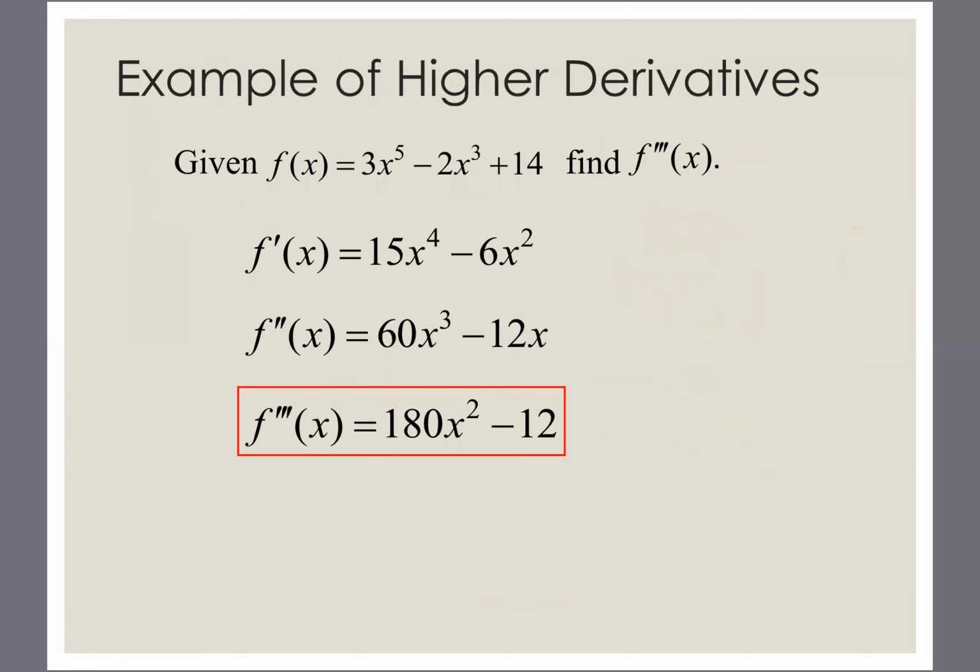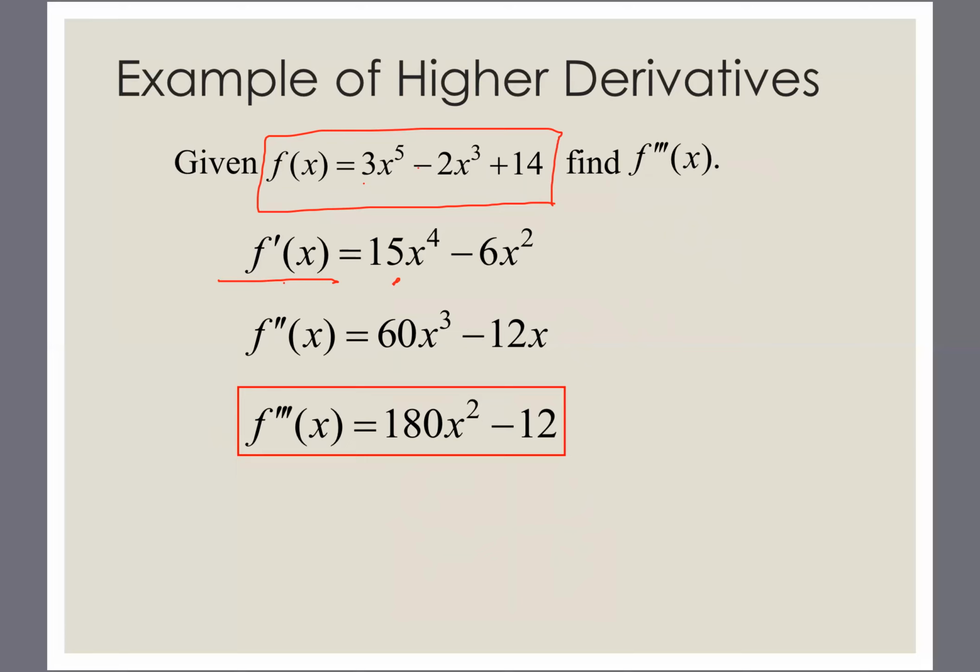And yes, this is one example about higher derivatives. If our function is this one, when I differentiate it the first time, I can use this notation. After derivation, what are the changes? 5 multiplied by 3 becomes 15, x to the power 5 minus 1, that means x to the power 4.